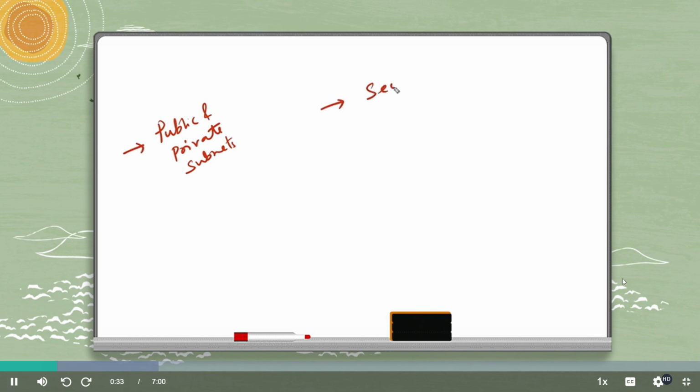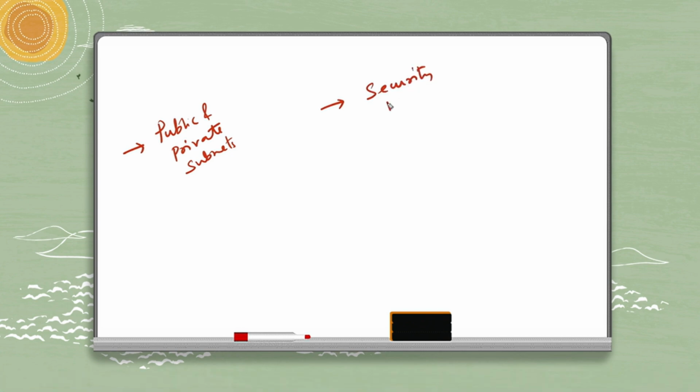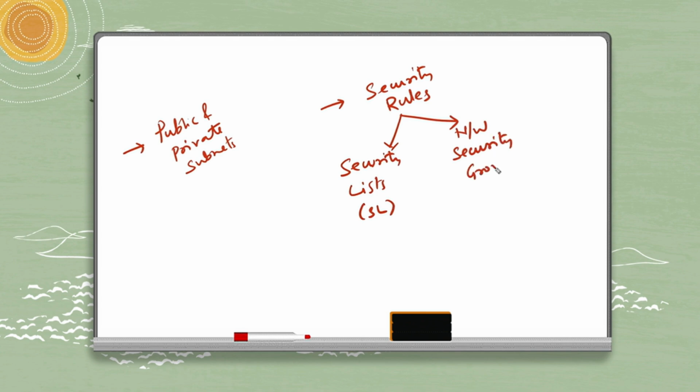We also have two constructs in VCN. I am putting it under the security rules category. We have security lists and network security group, which is NSG. So there are two constructs when it comes to security in VCN.